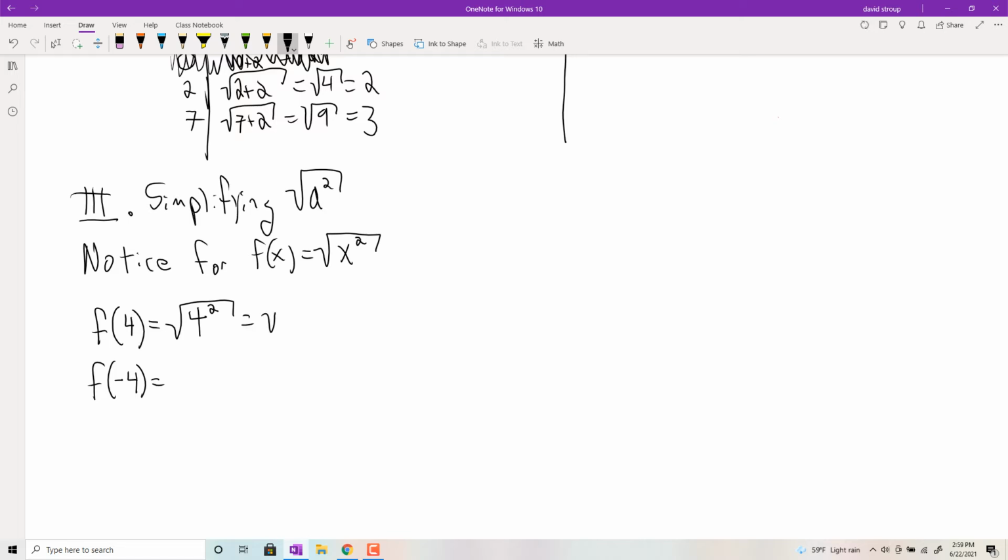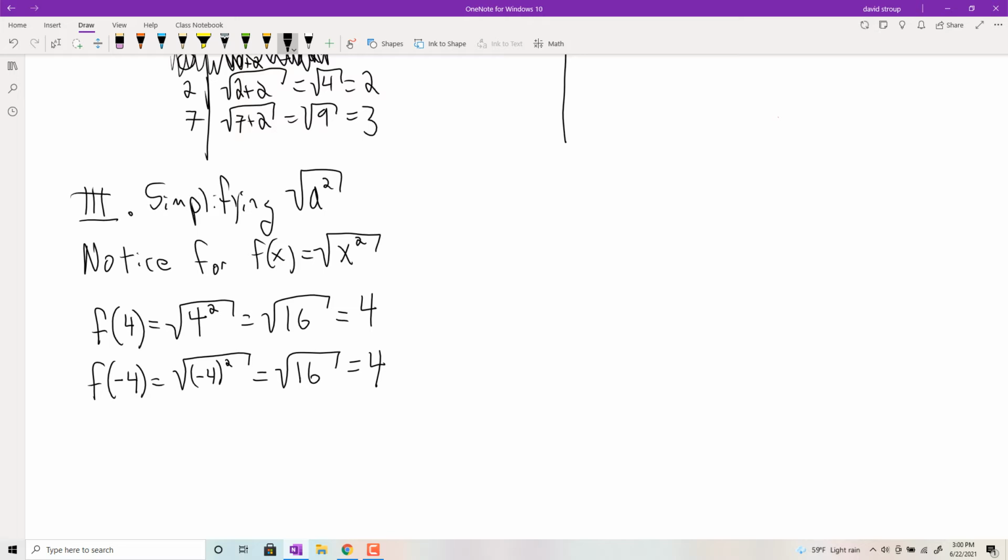Doing the insides first, that's the square root of 16, which is equal to 4. What's f of negative 4? It's the square root, and this time I'm going to put the negative 4 in parentheses. So I get the square root of negative 4 times negative 4, which is 16. So that's equal to 4.